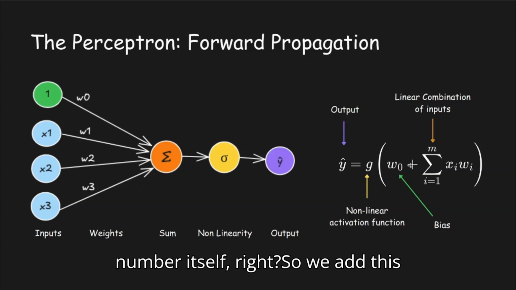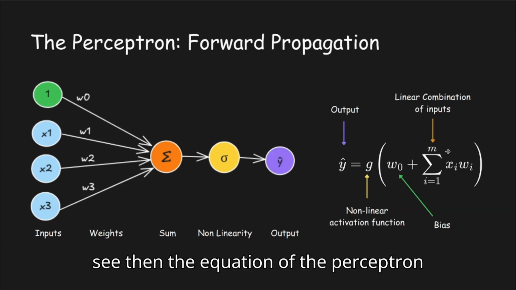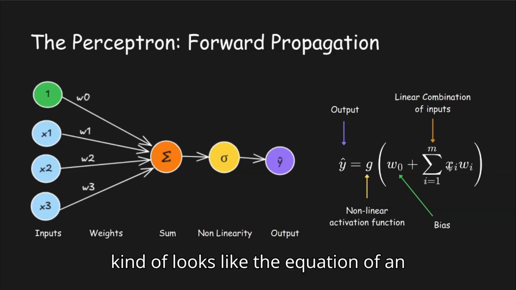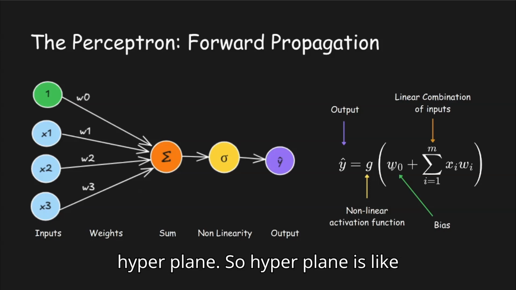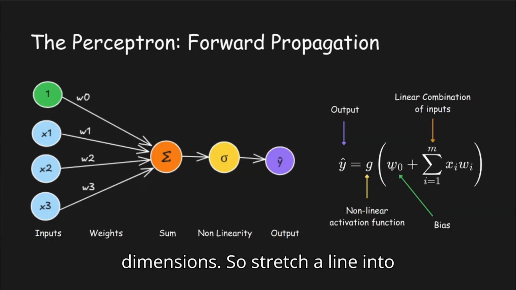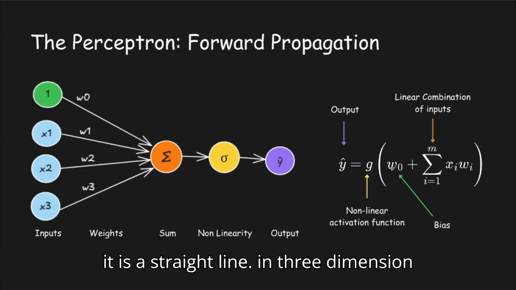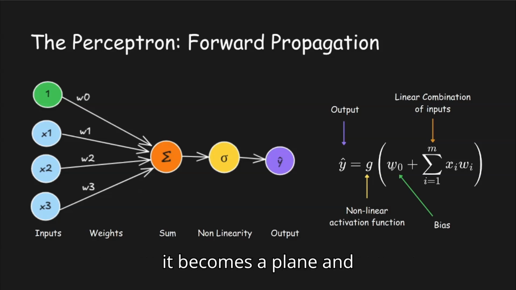So we add this bias term in our equation, and now the equation of the perceptron looks like the equation of a hyperplane. A hyperplane is like a line in multiple dimensions. In 2 dimensions, it is a straight line. In 3 dimensions, it becomes a plane, and in dimensions beyond that, we call it a hyperplane.